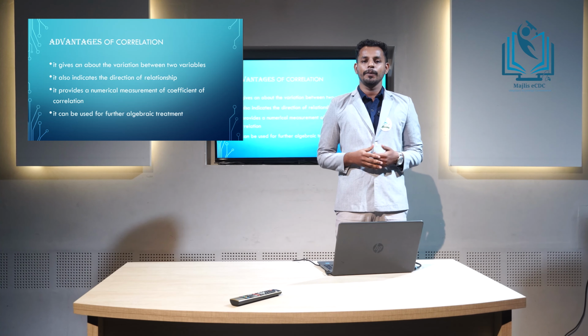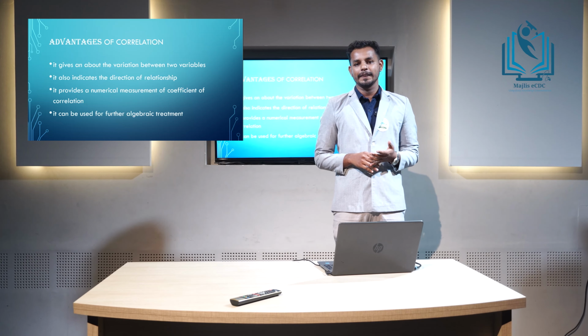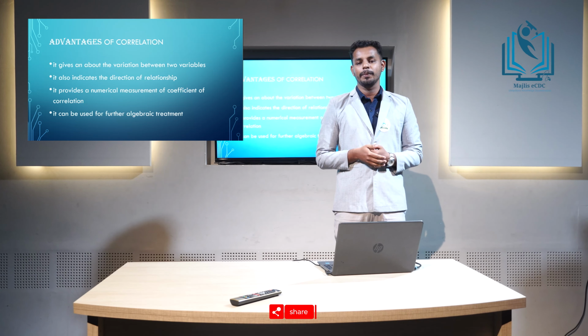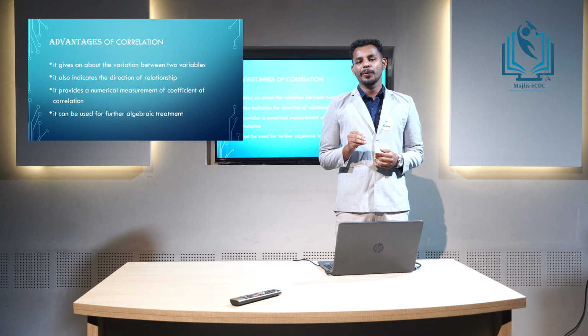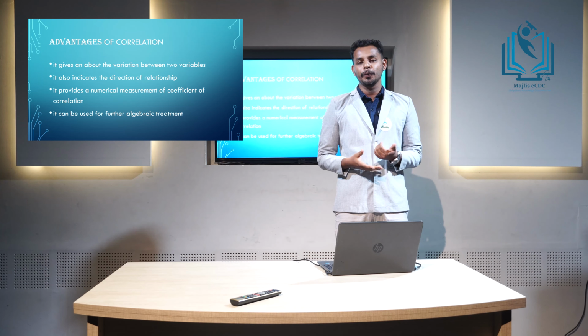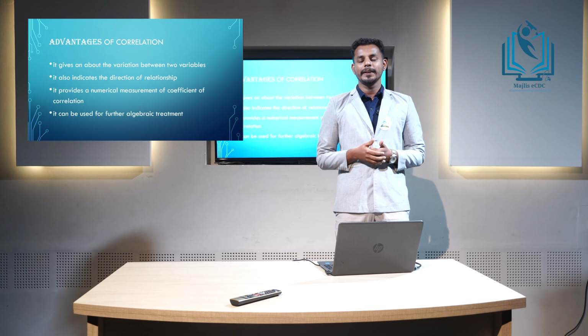We already said that the value of correlation always lies between minus and plus. If we get a minus answer, the relation between the variables is weak, and if the answer is plus, the relation is strong, and if the value is exactly 0, there is no such relationship between the variables. Another advantage is that the correlation measure is always expressed in numerical form, so numbers are used to express the relationship between variables.